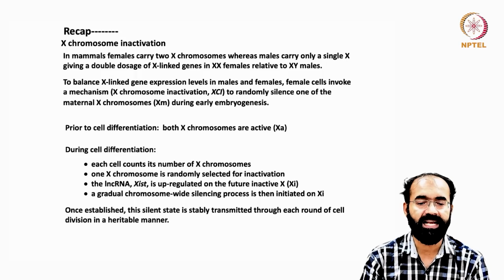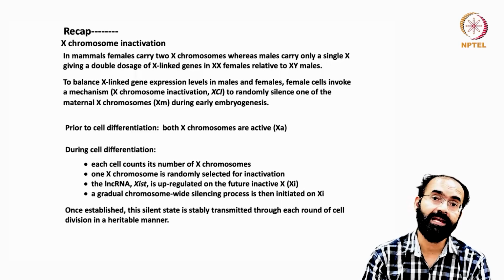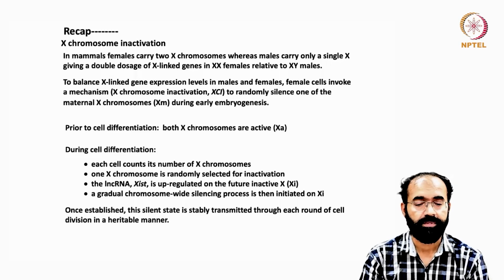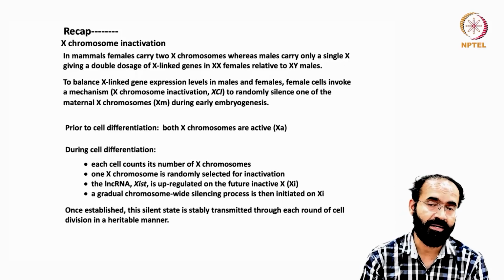To balance the X-linked gene expression levels in males and females, female cells invoke a mechanism called X chromosome inactivation, or XCI, to randomly silence one of the X chromosomes during early embryogenesis. So it depends; later in the organism either paternal or maternal will be silenced.